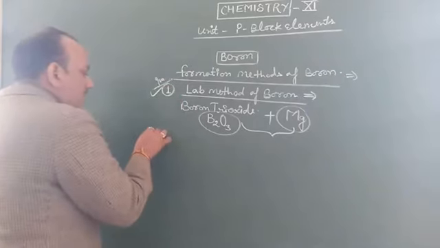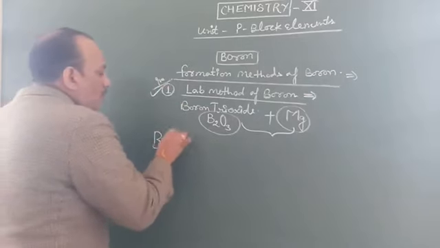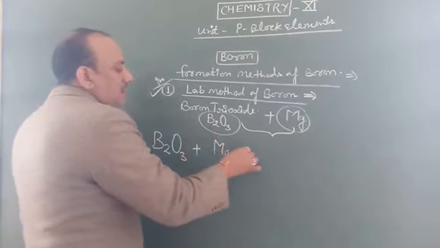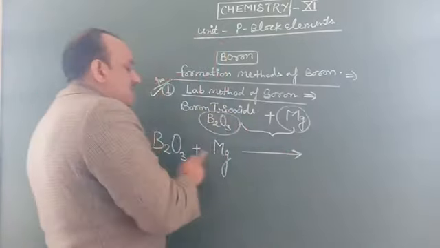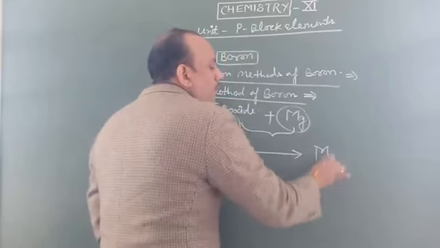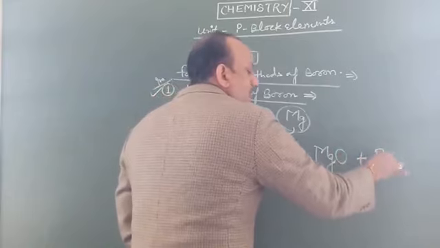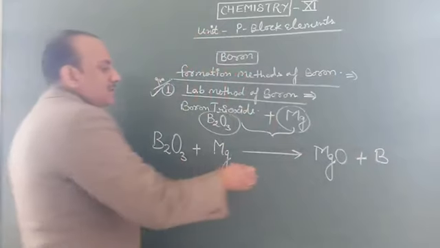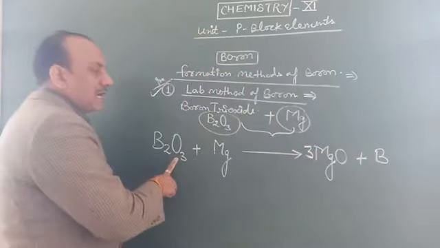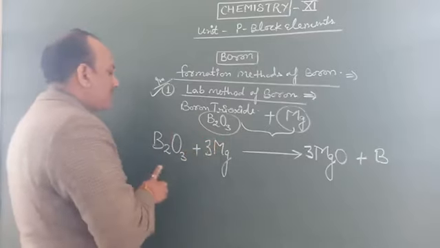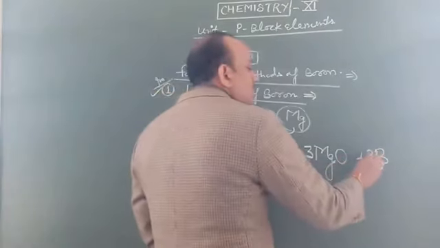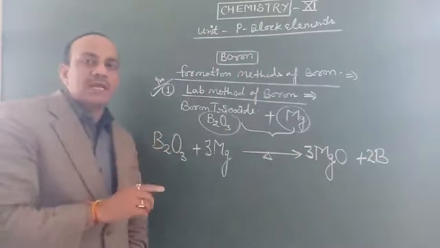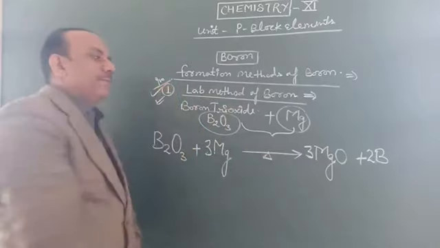When boron trioxide B2O3 is heated with magnesium Mg, it makes magnesium oxide MgO and boron is extracted as a melt. For balancing, we use 3 because oxygen atoms are 3 here. For magnesium 3, and boron atoms are 2. So we use 3. This reaction is the preparation method of boron in lab.